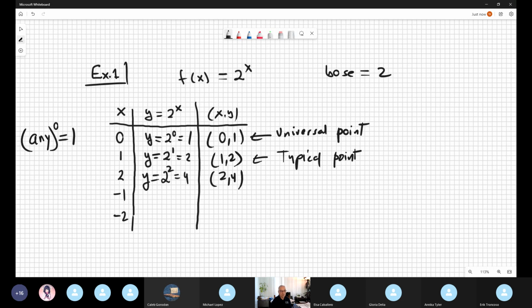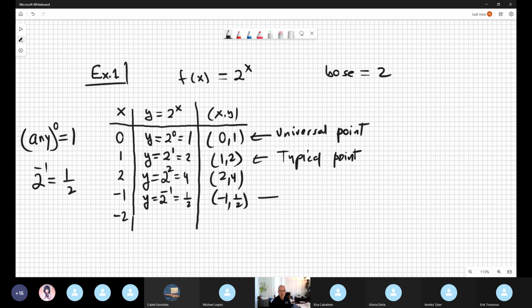Okay, now -1. Y is equal to 2 raised to the -1. So I need to remember what a negative exponent means. It's reciprocal, 1/2, right? Entonces 1/2. And the point is -1, 1/2.